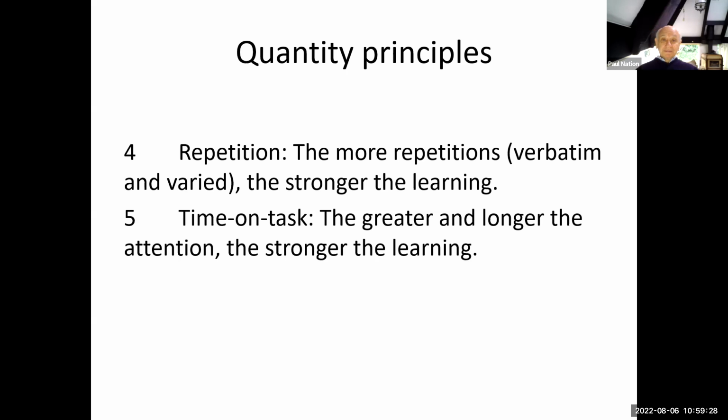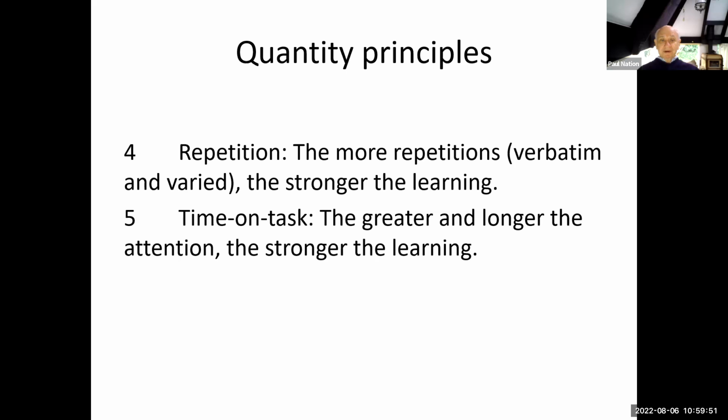The second type of quantity is time on task. And that simply means that if we look at something that we want to learn or spend time on it, we can do that in one session. And if we do it in one session, the more that we look at it and give it attention, the stronger the learning will be.